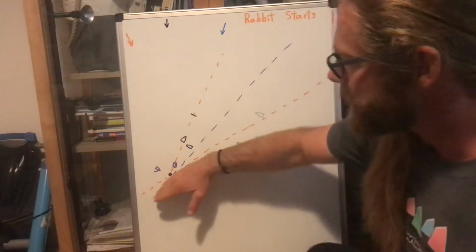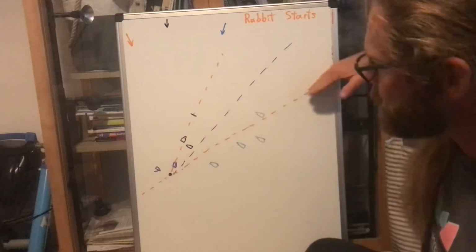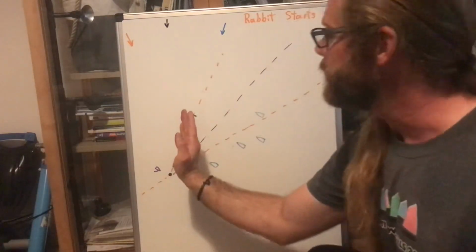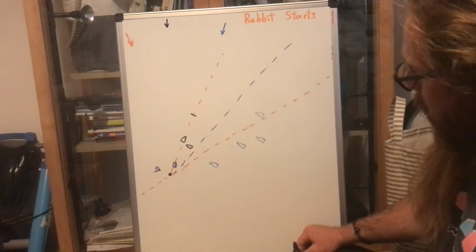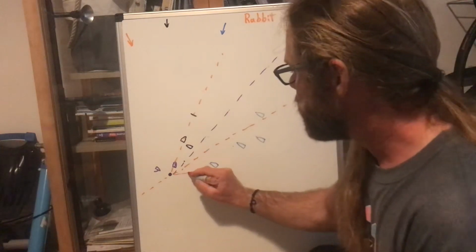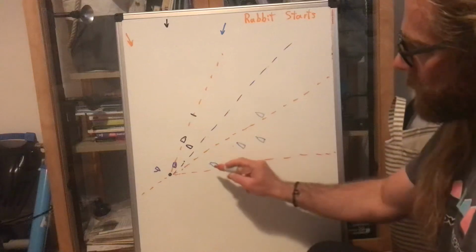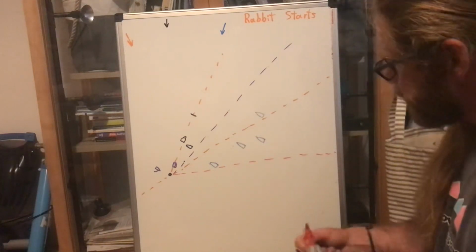So thinking about this safety line perpendicular to the wind, and the anticipated line, maybe I'll draw the original safety line from the wind direction we were anticipating. So these boats thought they were safe, but they're actually close to missing the rabbit.